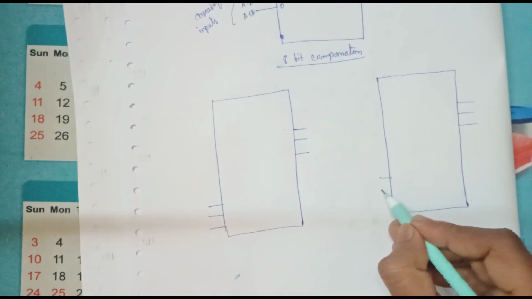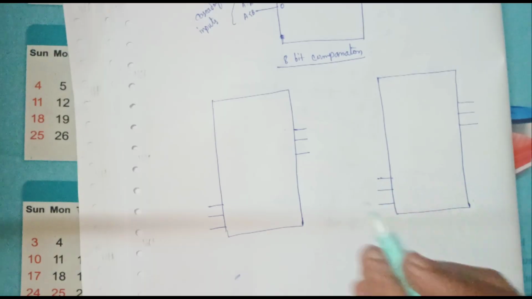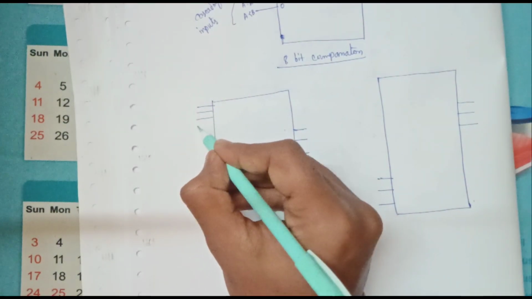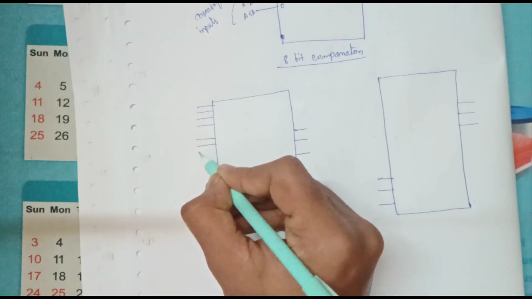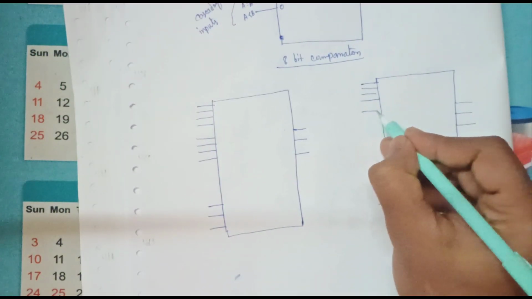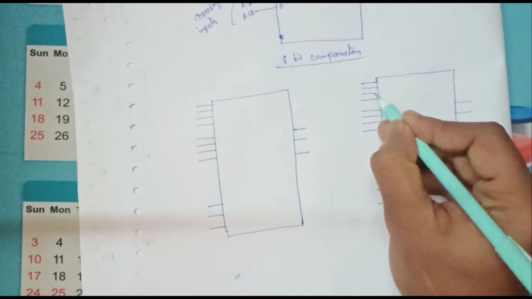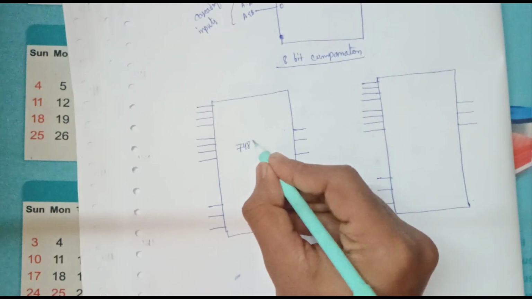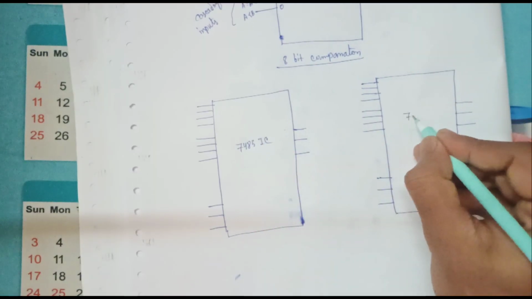Three cascading inputs and three outputs. 7485 IC.